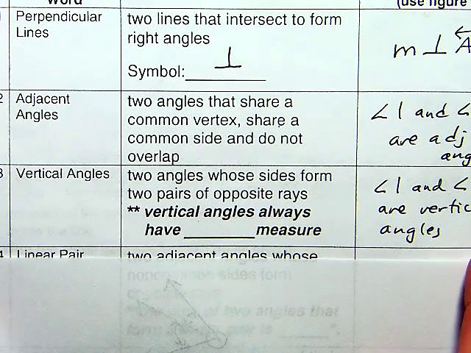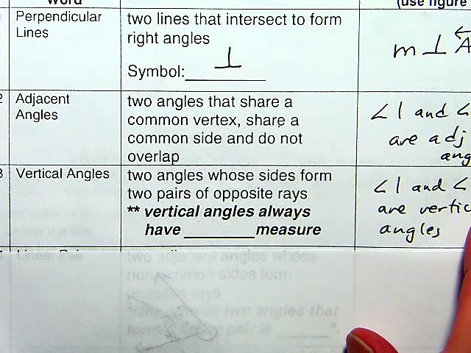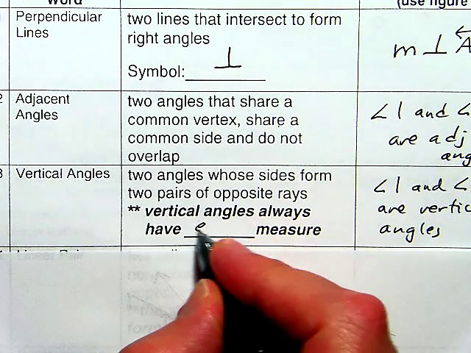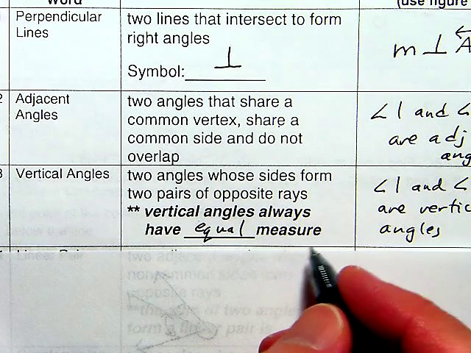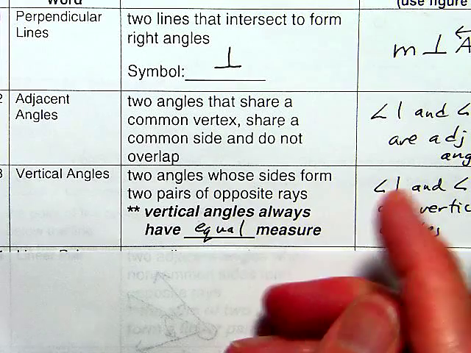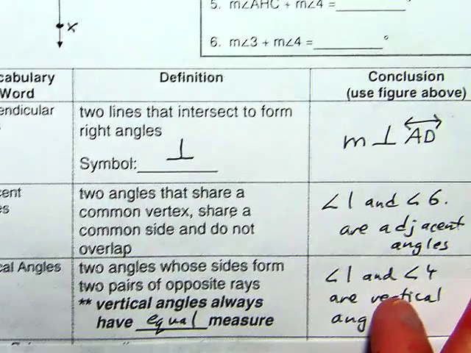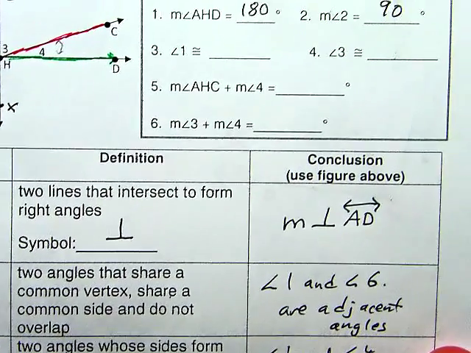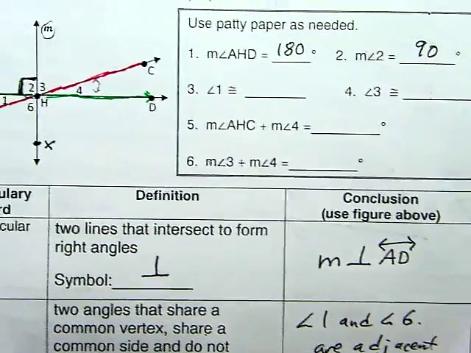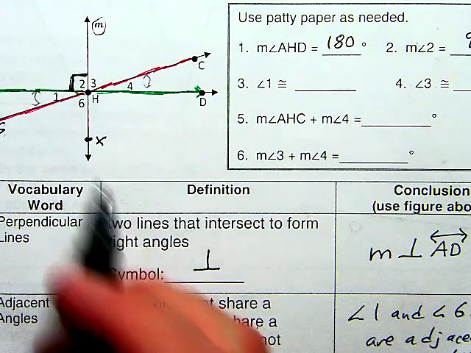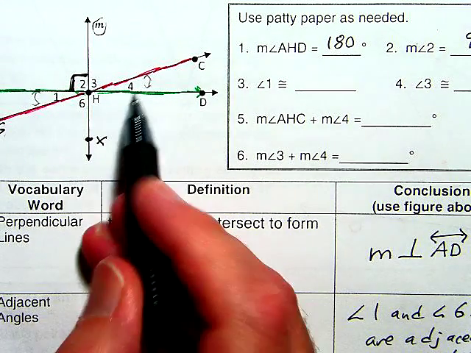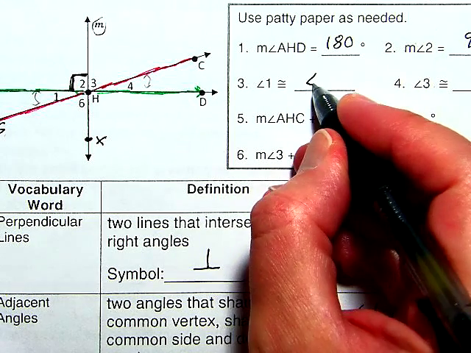Vertical angles always have equal measure. Okay, that's another way of saying that vertical angles are always congruent. So we can say, if we move back up here and we want to complete number 3, that angle 1 is congruent to angle 4. They are vertical angles, therefore they have the same measure, therefore they are congruent.